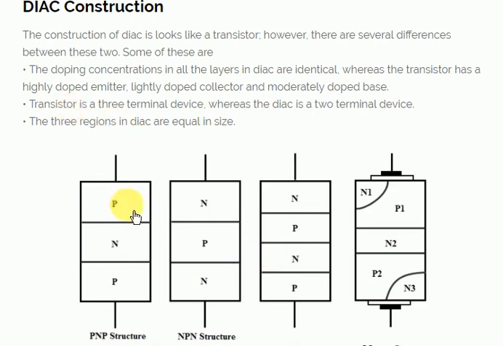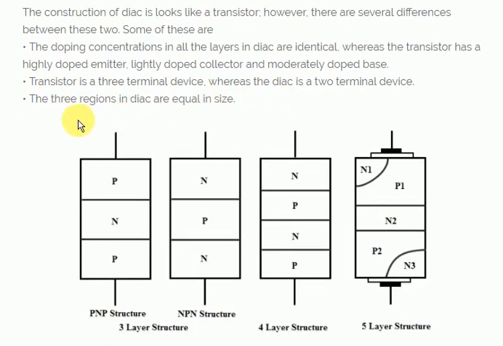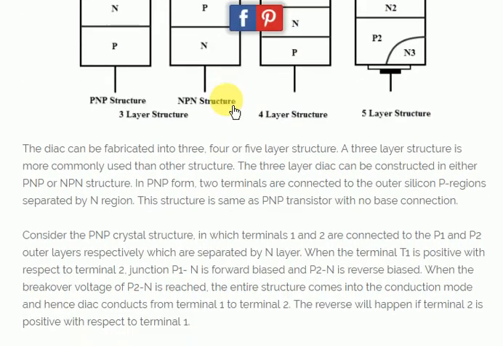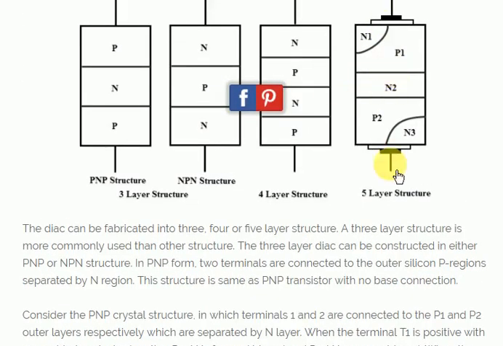If this is a diac, then all the layers have the same concentration. A transistor is a three-terminal device: base, emitter, and collector. But a diac is a two-terminal device. There are three regions in a diac, equal in size.